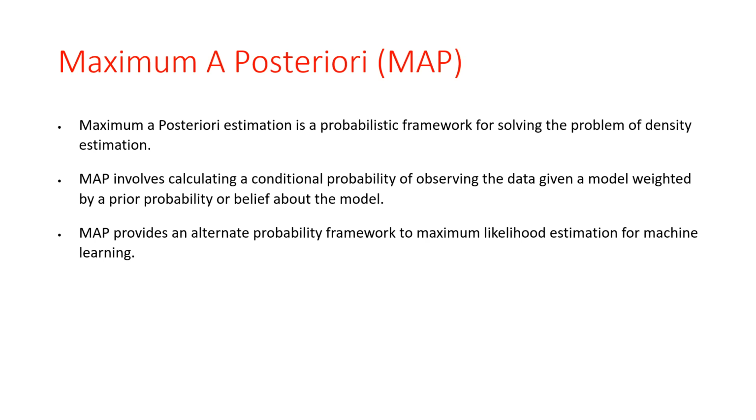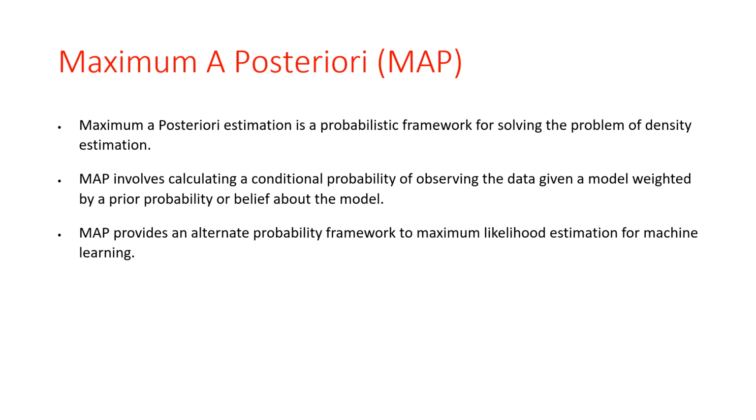So what is maximum a posteriori? Maximum a posteriori estimation is a probabilistic framework for solving the problem of density estimation. MAP involves calculating a conditional probability of observing the data given a model, weighted by a prior probability or a belief about the model.